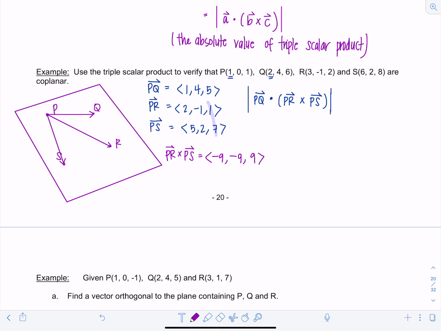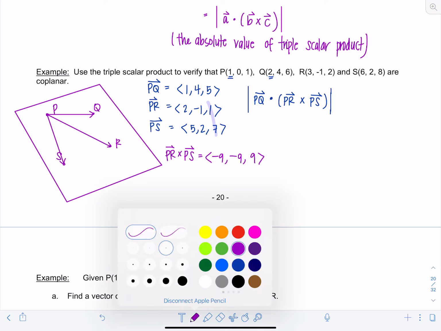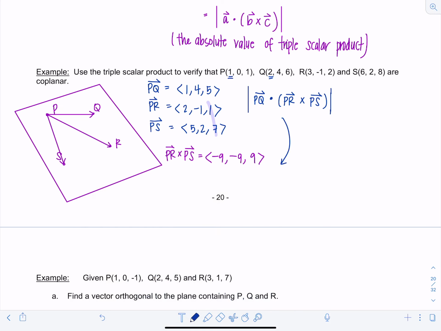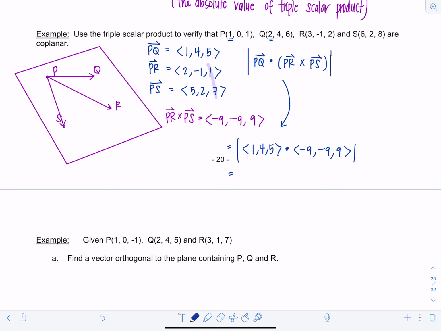Okay, so then now I want to take the absolute value of the dot product of PQ, which is 1, 4, 5, with -9, -9, 9. And we're going to get, let's see here, absolute value of -9 minus 36 plus 45, which is 0, right?